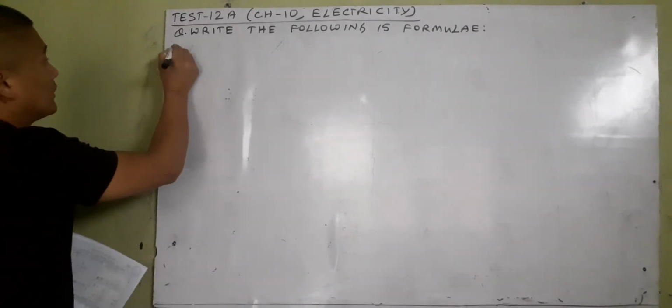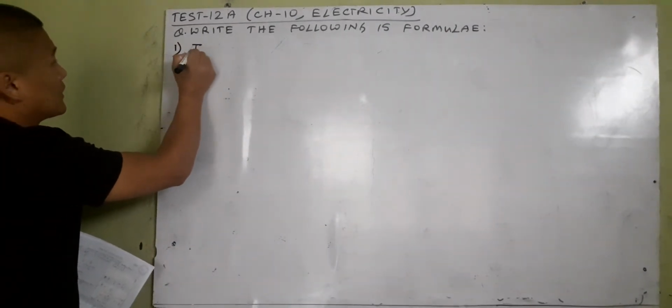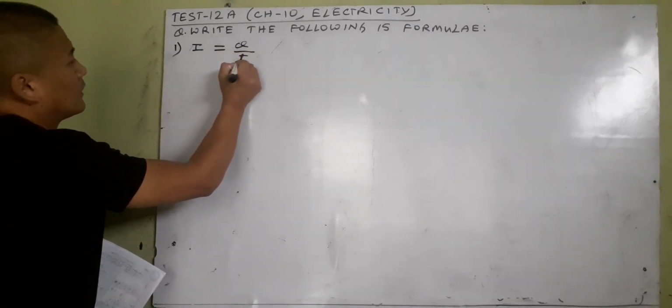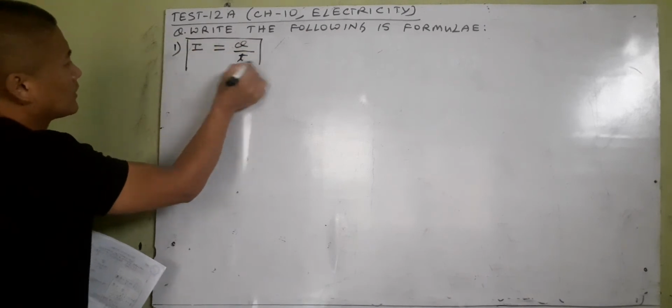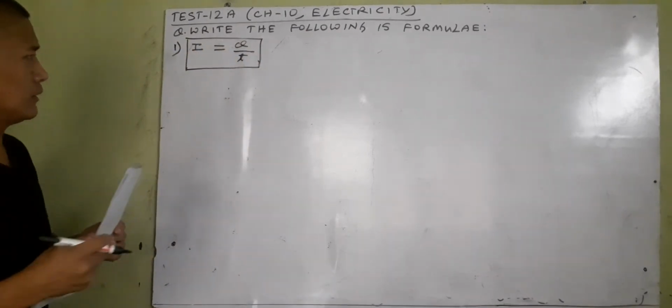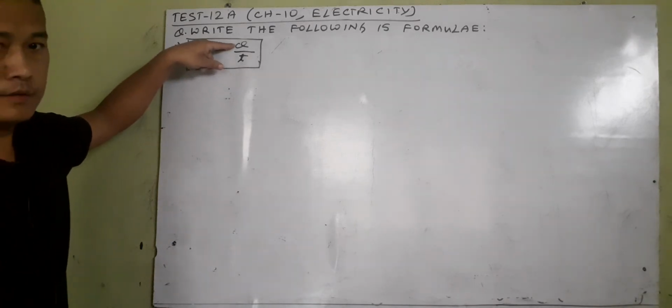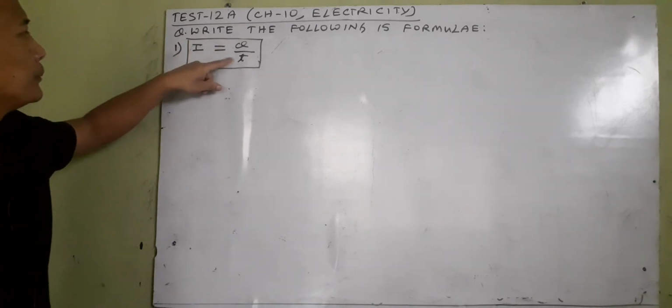Now the first formula that we need to know here, we'll give in boxes. I = Q/T. So this you memorize. I means current, Q means charge, and T is time.